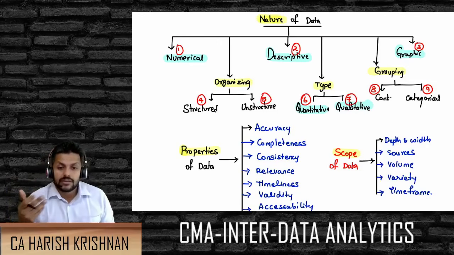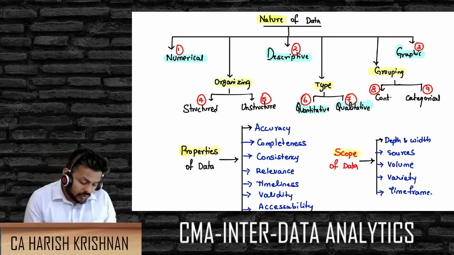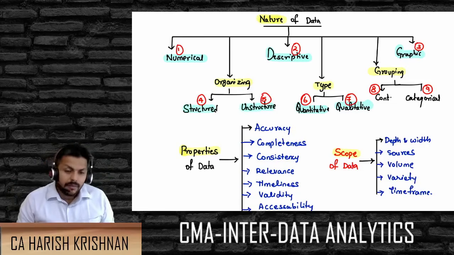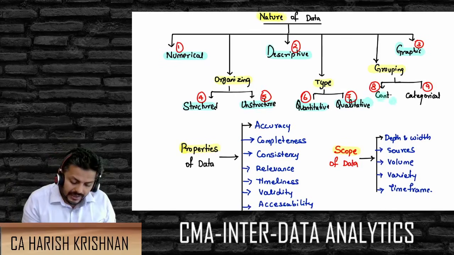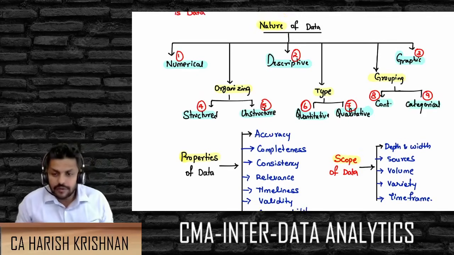Data that does not follow any kind of pattern is called unstructured data. And then based on the grouping, if it's a flow kind of data, it's continuous data, or if it's a specific group, it is called categorical data. So basically these are the various types of how data is classified. That is the nature of data.